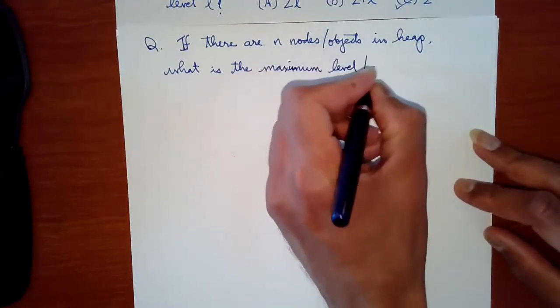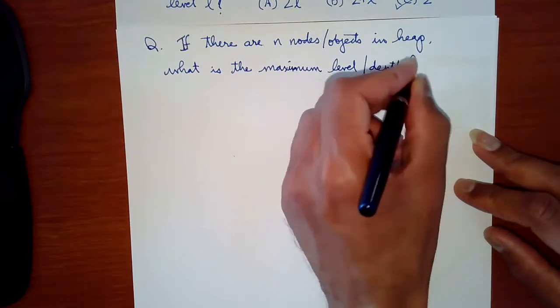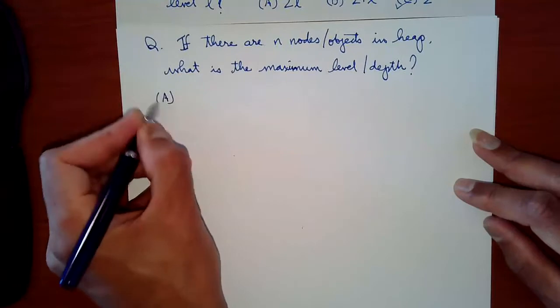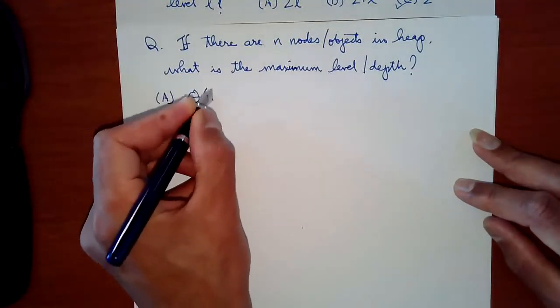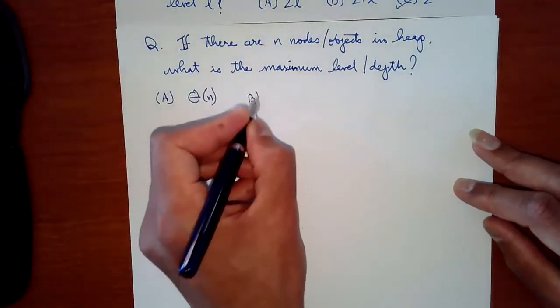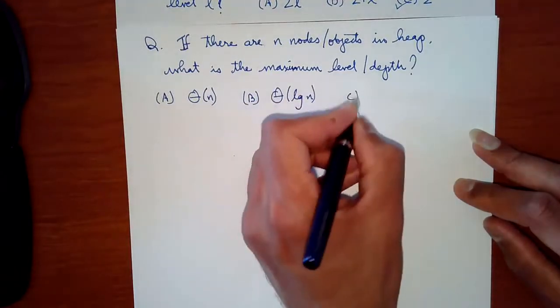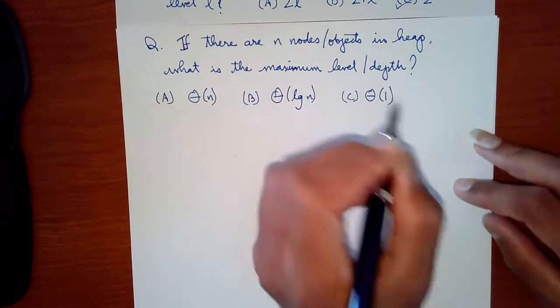And this we can also call the depth. Is the maximum level going to be theta of n? Is it going to be theta of log n? Or is it theta of 1?